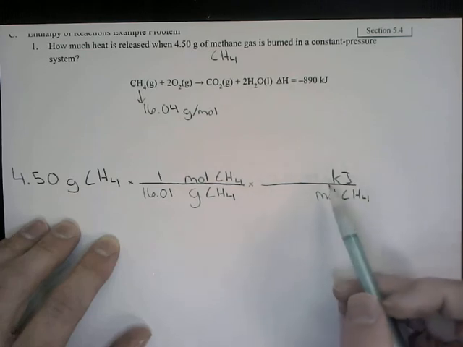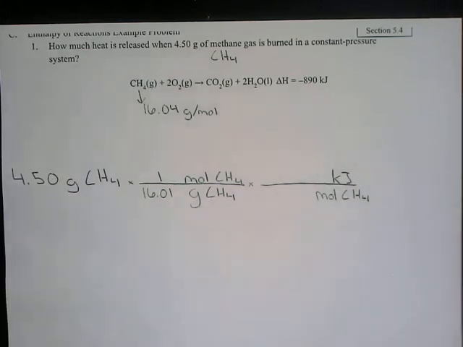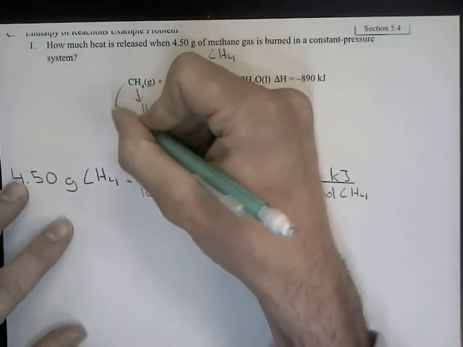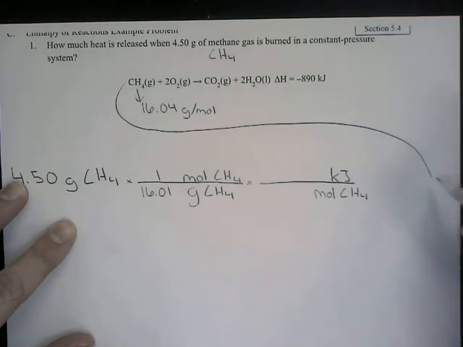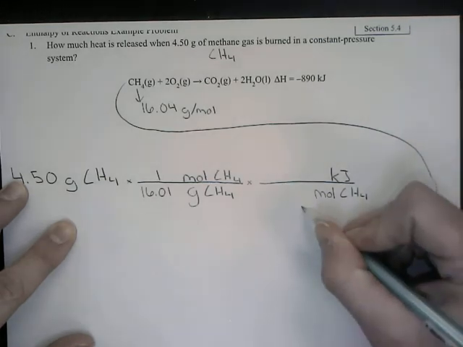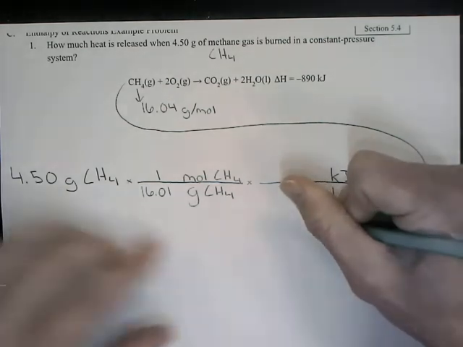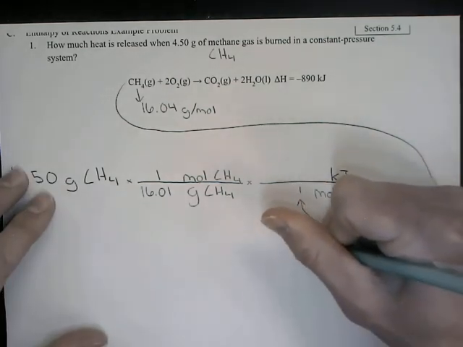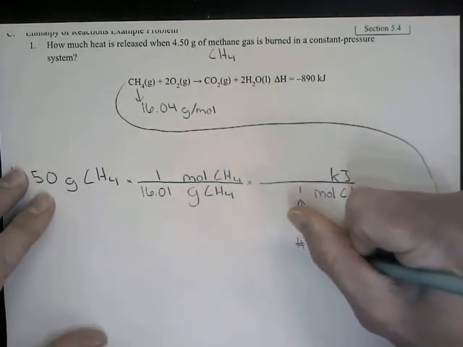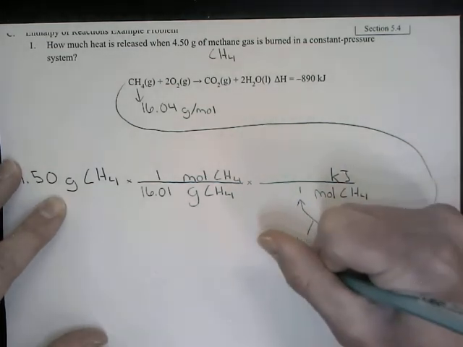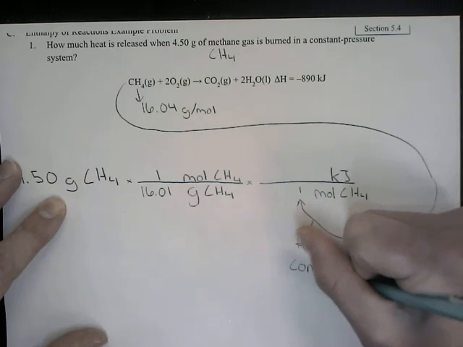So we'll get to that in a second here, but we kind of revert to what we talked about already in notes. The number of moles comes from our coefficient. So I'm just going to draw a big line here, and I am going to put a 1 coefficient, and I'm going to put this note here: the number of moles of CH4 comes from the coefficient.